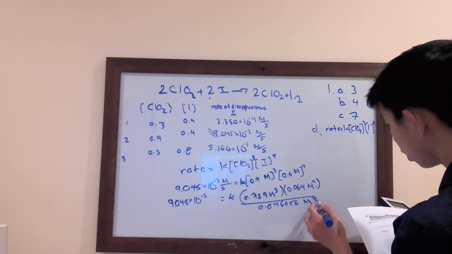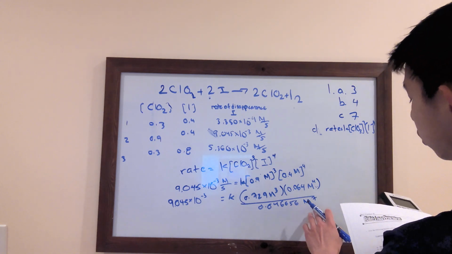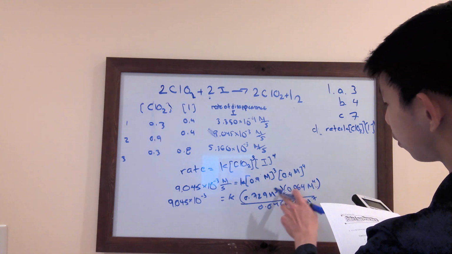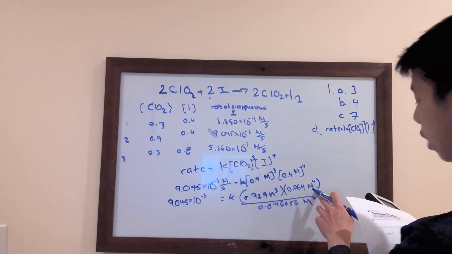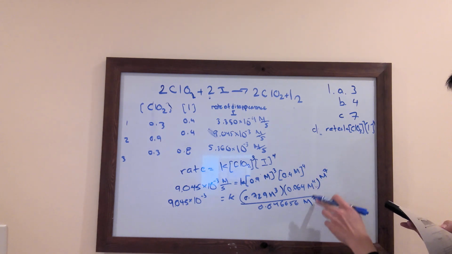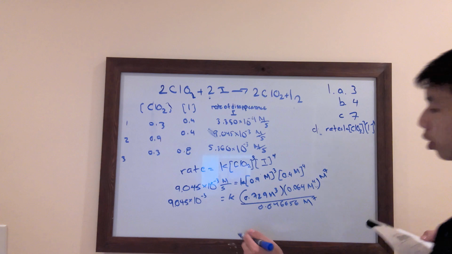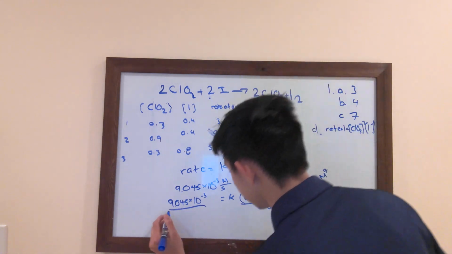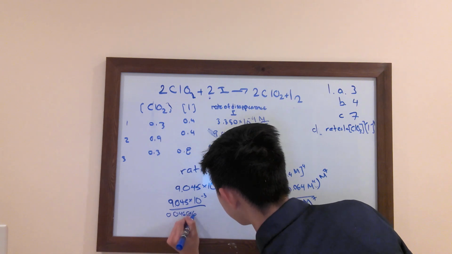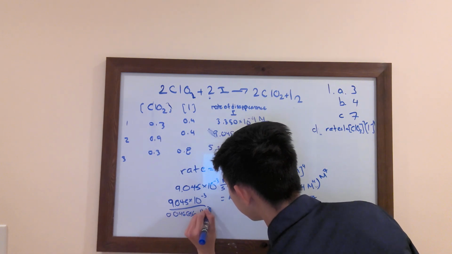You always have to divide by the M to the 7 because 3 plus 4 is 7. M cubed times M to the fourth is M to the 7. And so the M to the 7 has to cancel out in order to isolate this K. So divide this side by 0.046656 M to the 7.